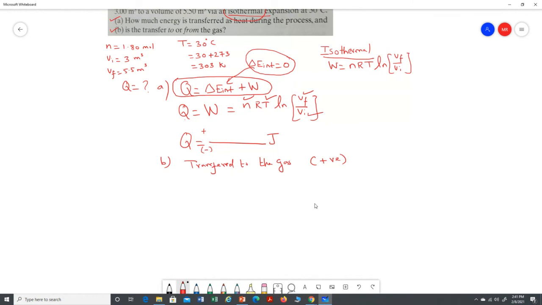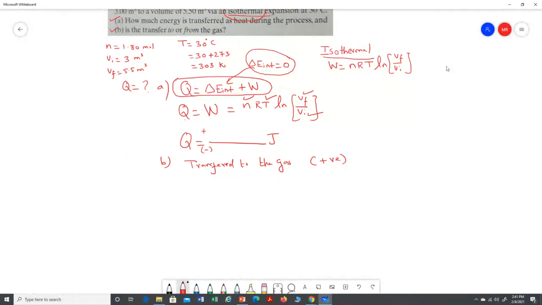Because when you study thermodynamics, you have to remember two things: the system and the environment. Am I right? So either the heat is transferred, taken from the surroundings to the system, or the heat is taken from the system. Only these two things will happen. Clear? Okay.